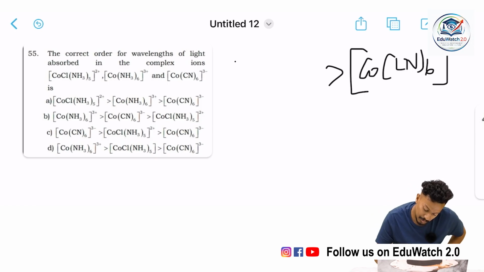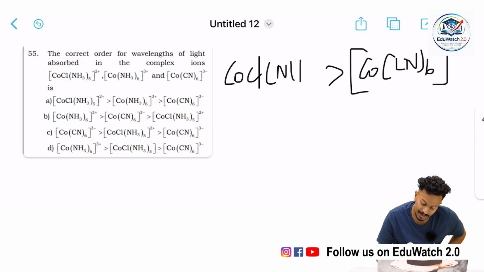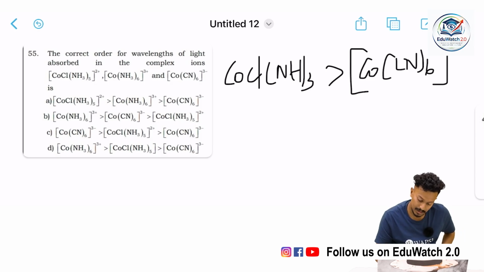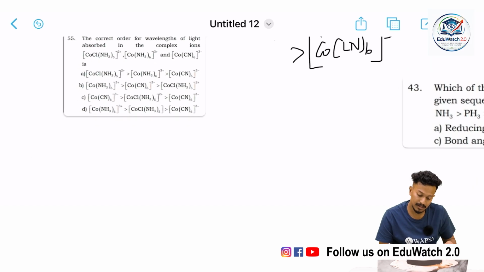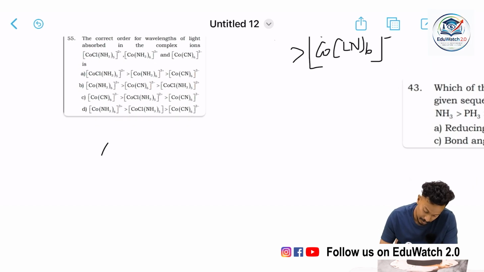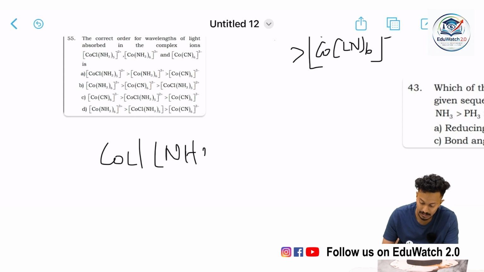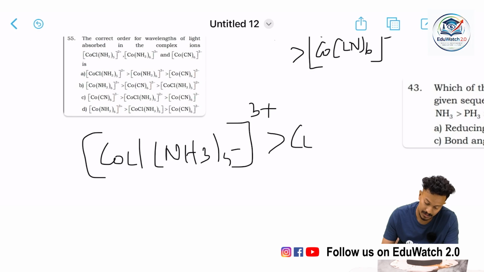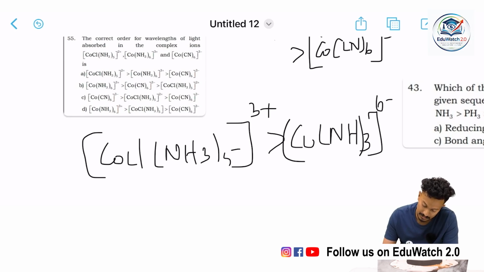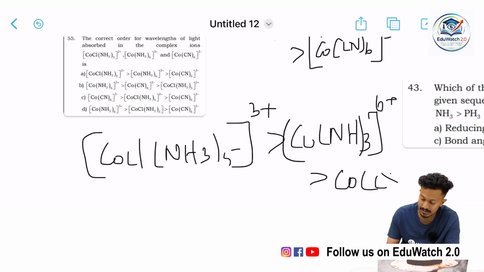So the first would be Co(Cl)(NH3)5 2 plus, and then comes Co(NH3)6 3 plus, then lastly Co(CN)6 3 minus.